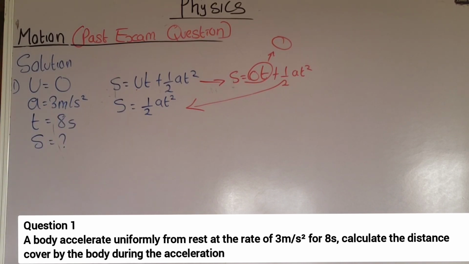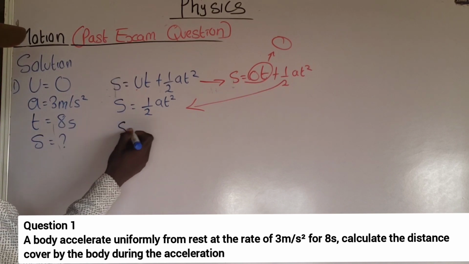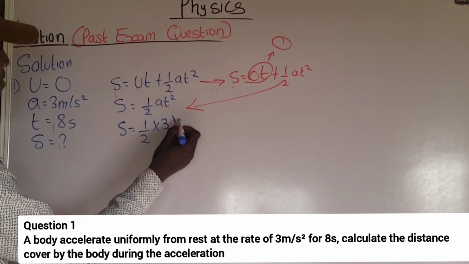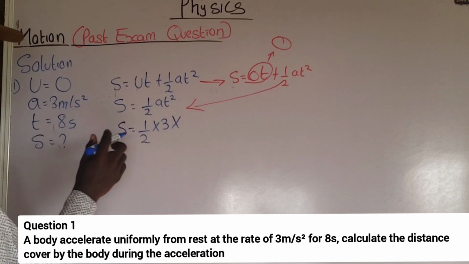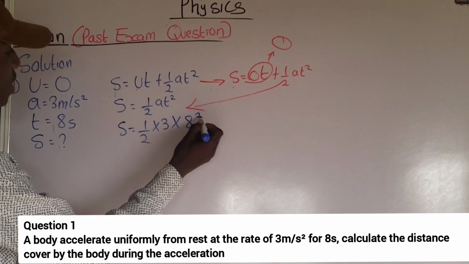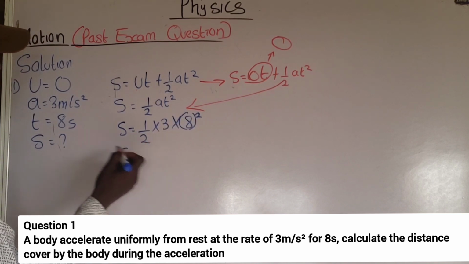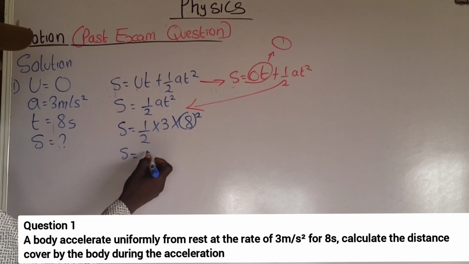So here I'm going to have s equals 1 over 2 multiplied by a, which is 3, multiplied by t squared. t is 8, so I have 8 squared, which is 64.